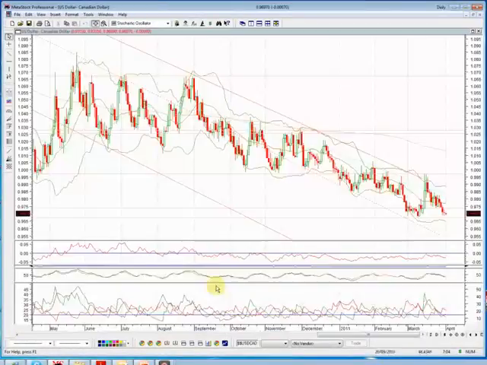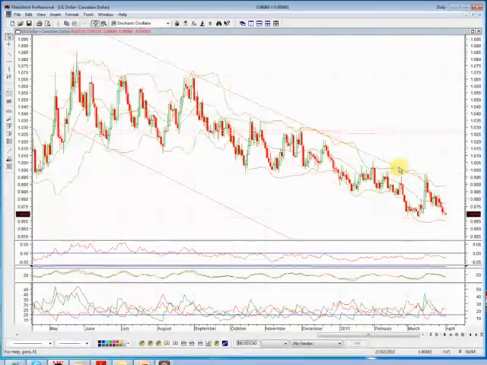Let's move now to the US dollar, Canadian dollar. Again, when we reached that resistance region, given that downward trend line and also that horizontal resistance level, I said that my expectation was that we were going to go after this support level.